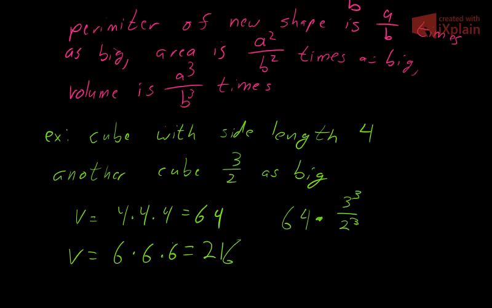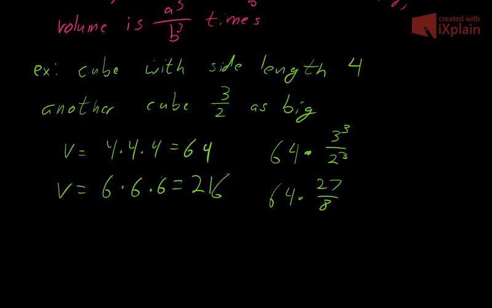I know 2 cubed is 8 and 3 cubed is 27, so that'd be 64 times 27 over 8. When I solve this, I get 8 times 27, which is 216. So if you wanted to use the ratios, you could, or you could just plug it in the long way. Either way, you'll get that it works.